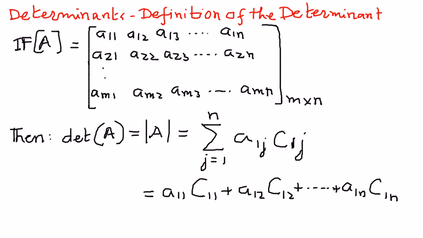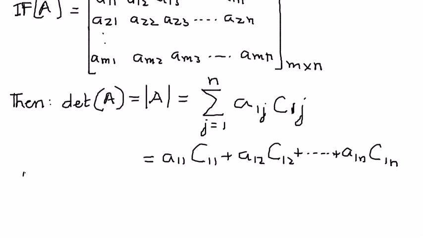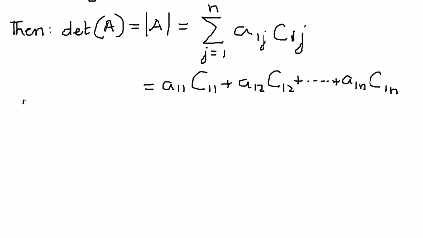Okay, that said, if we were to find the determinant by expanding along the rows, we can write that as follows.